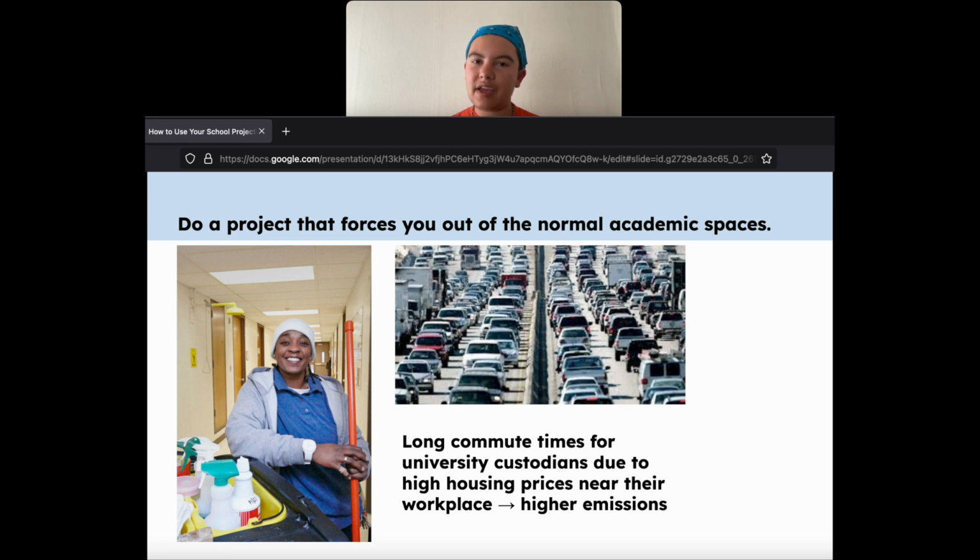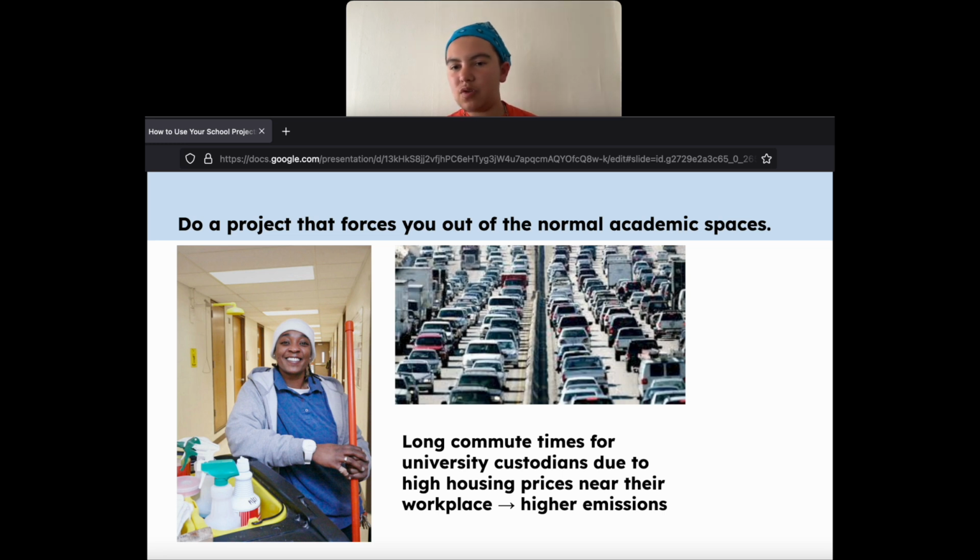They were driving or taking public transportation 2-3 hours just to get to the school to be able to clean it. And they had such early working hours that they were having to wake up at like 1 or 2 in the morning to get to the campus at like 4 or 5 in the morning to start their day.